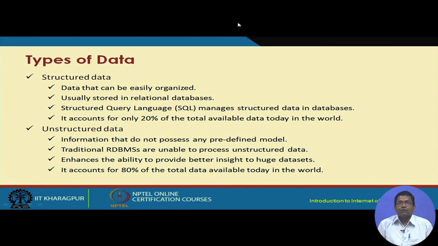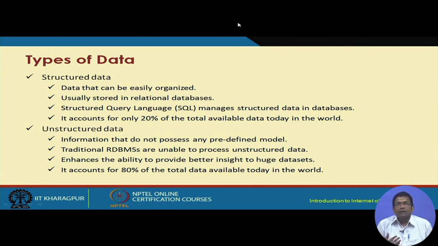IoT systems produce mostly unstructured data which cannot be stored in the form of relational tables. They do not abide by any predefined relational model for storing the data. Traditional RDBMS techniques are unusable, and these data are very huge in size.